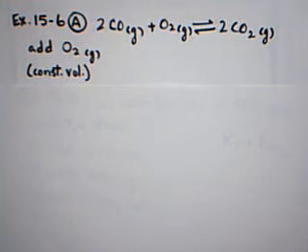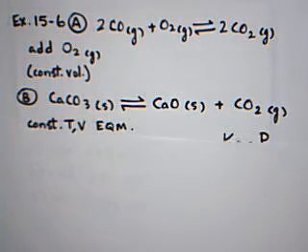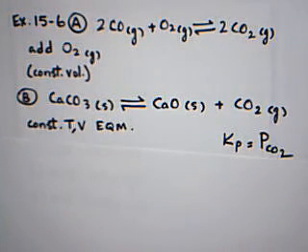If we look at the second one, B, we have calcium carbonate solid is heated to give calcium oxide solid and carbon dioxide gas. The system has reached equilibrium and is therefore at a constant temperature, and it's in a constant volume container.